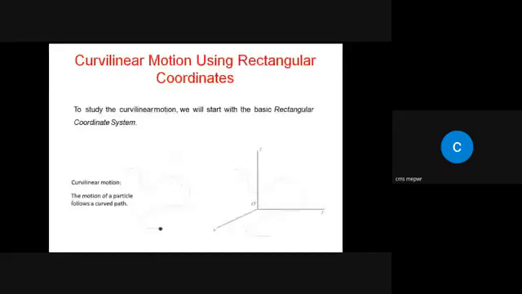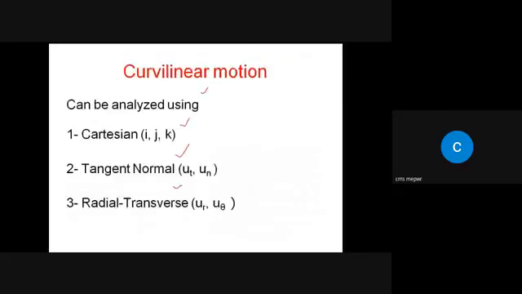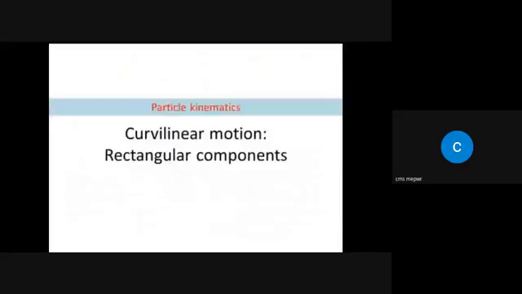In today's class, we will analyze the curvilinear motion by using rectangular coordinates, or rectangular components, or Cartesian components.